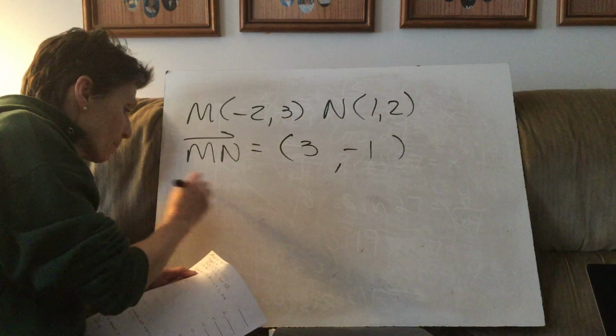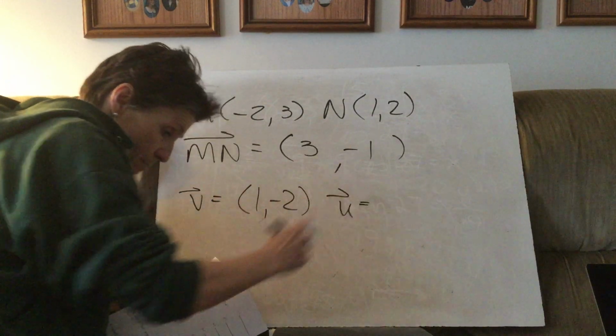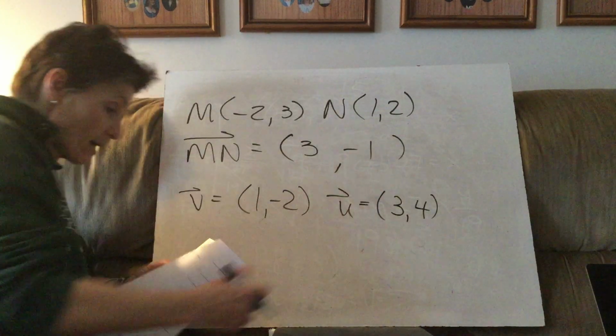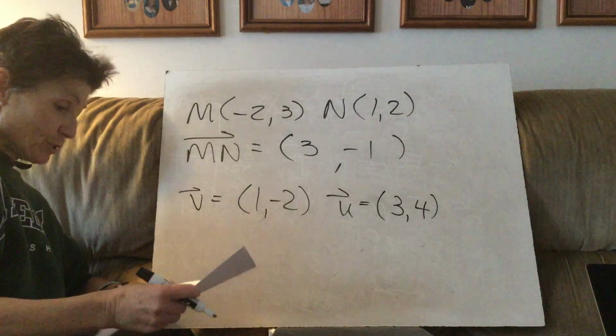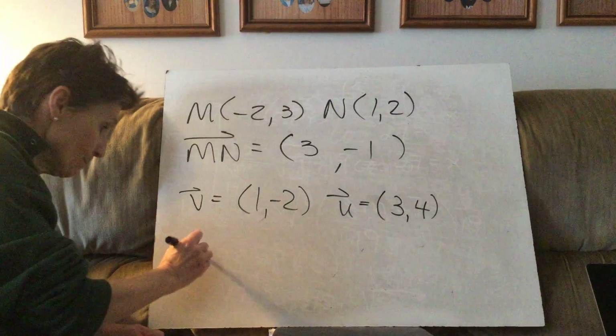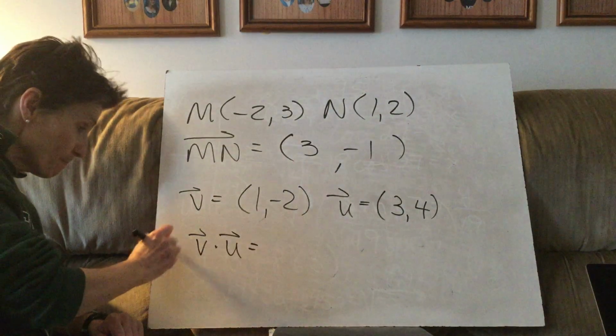Now, for the next set of problems, we are to use this given. So we've been given a couple of vectors now, v and u, and we're going to do some stuff with them. So here, the first thing we're going to do is v dot u. This is number 2a.